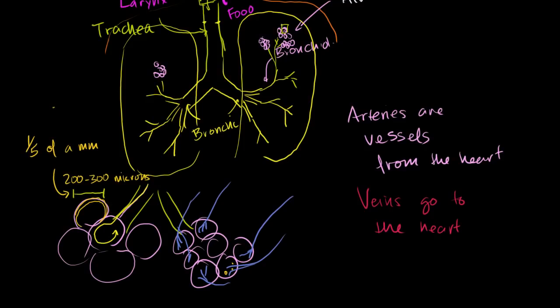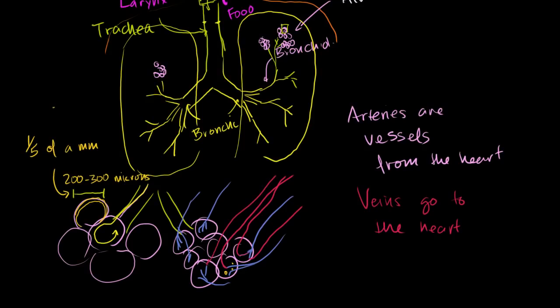This is the vessel that's coming from the heart, and once it gets the oxygen, it goes back to the heart. So this is the point where this pipe, part of our circulatory system, goes from being an artery, because it's coming from the heart, to a vein, because it's going back to the heart.